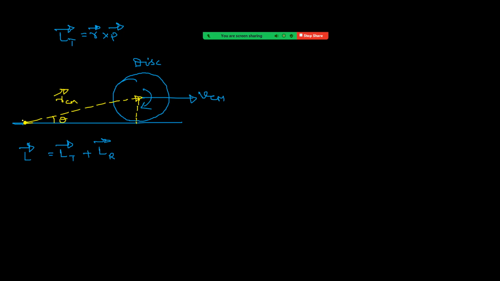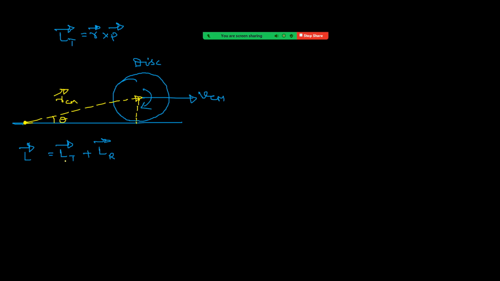That means because of translation, angular momentum is clockwise. See carefully, r bar cross p bar. So take your right hand. Keep the fingers of your right hand on r bar, curl fingers towards p bar. So because of translation, angular momentum is clockwise.